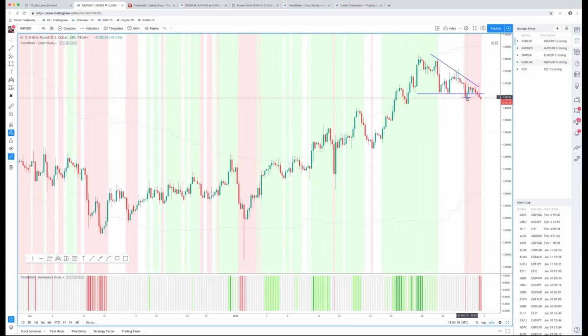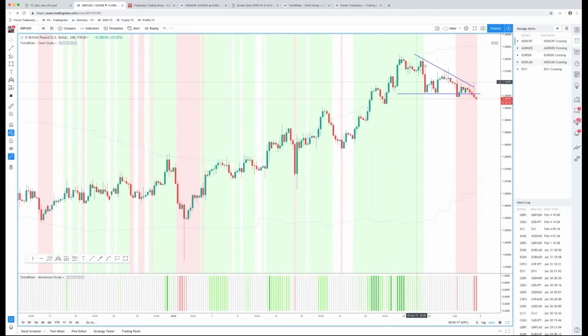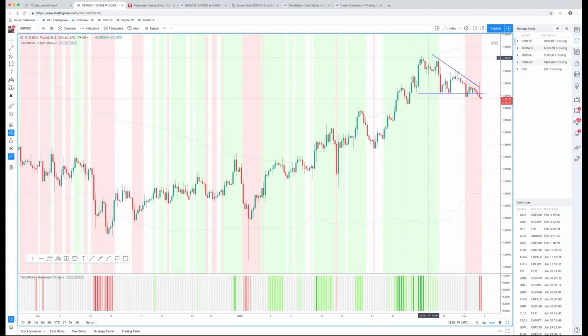So here, for example, British pound US dollar. We were in this uptrend, and now recently we have started to make this triangle or wedge. We had already a false breakout here, which got signaled here by the trend writer. That's okay, I jumped on this too. I took a loss, totally fine.